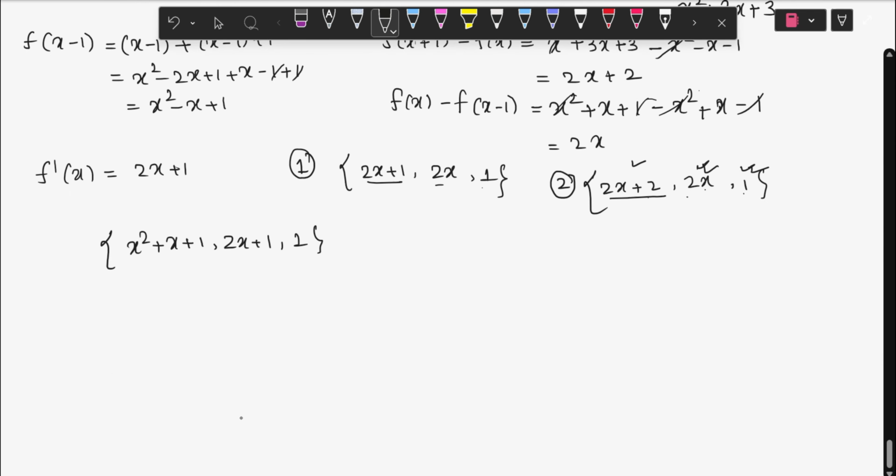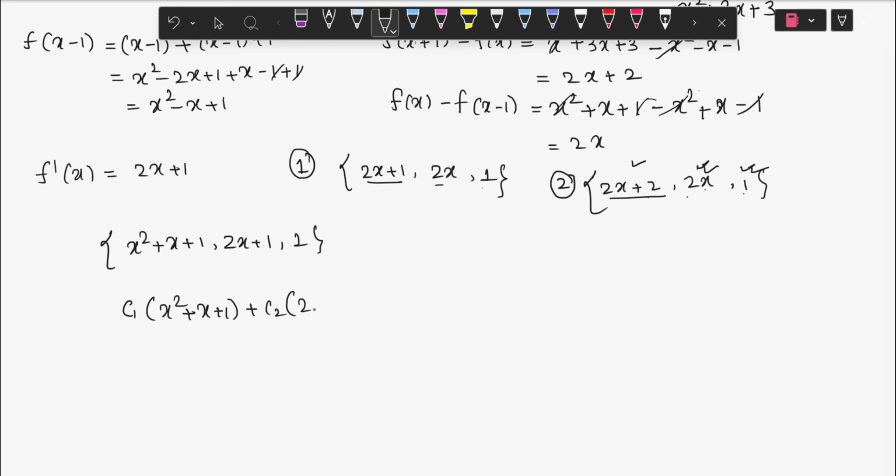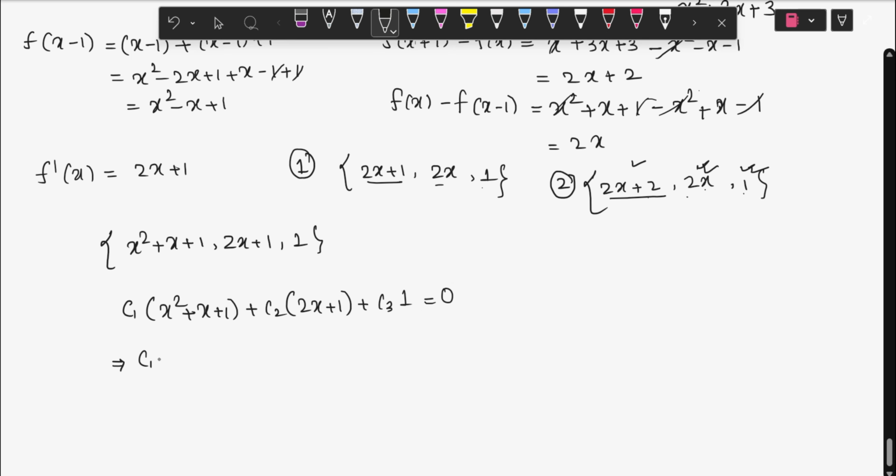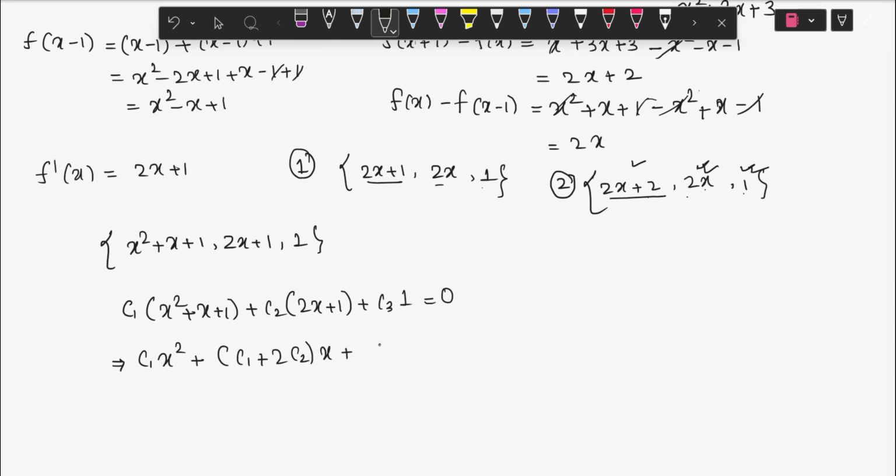So let's consider the linear combination. c1 into x square plus x plus 1 plus c2 into 2x plus 1 plus c3 into 1. This is equal to 0. So हम इससे लिख सकते हैं c1 x square plus c1 plus 2c2 of x plus c1 plus c2 plus c3.